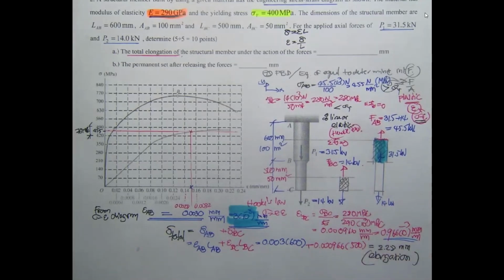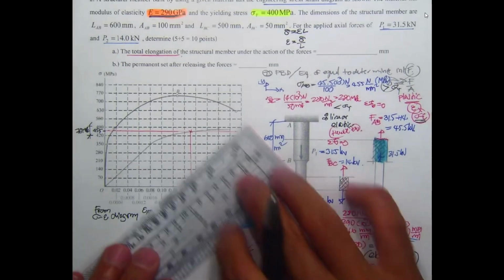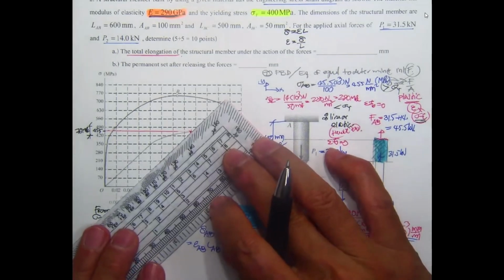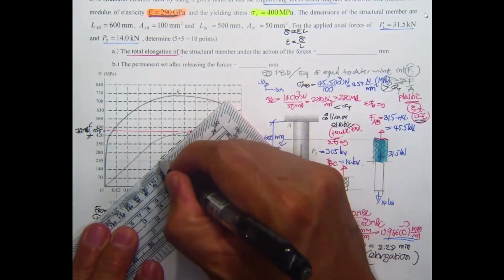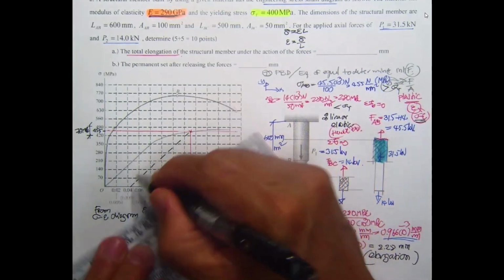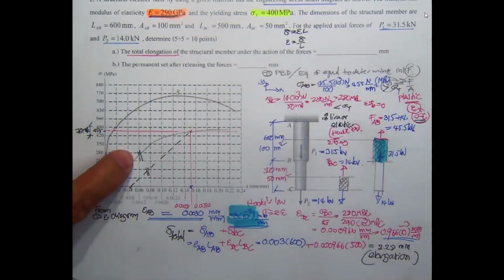Okay, you should get the correct answer, Angelo. Now, permanent set. After releasing the force, for sure, the behavior of this one will return by this line, and then it's going to follow the linear portion.